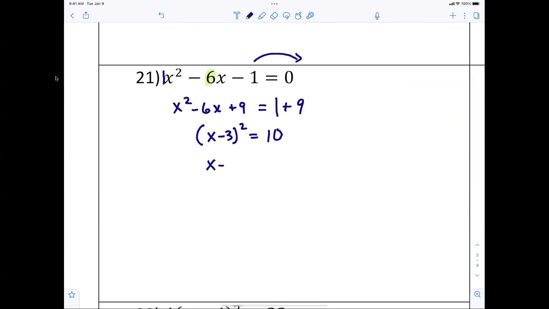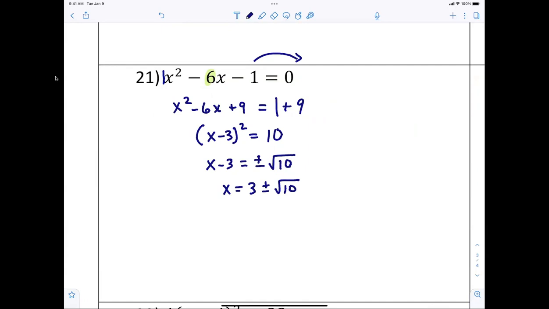So x minus 3 equals what? What is it? Plus or minus? Plus or minus what? Radical 10. And then finally, you just do what? Add the 3. So x equals 3 plus or minus radical 10.